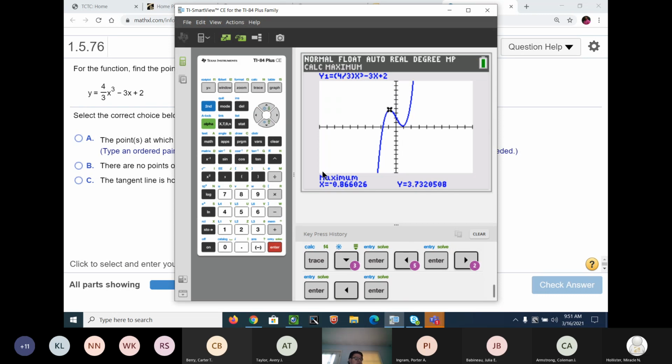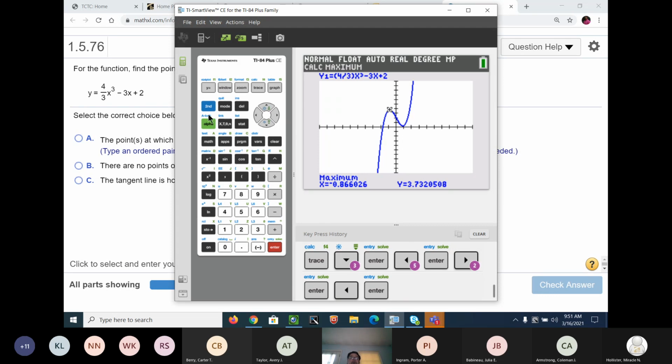And there's one vertex. Write that vertex down. That vertex is going to be negative 0.8666026, and y is equal to 3.7320508. So that's one vertex.